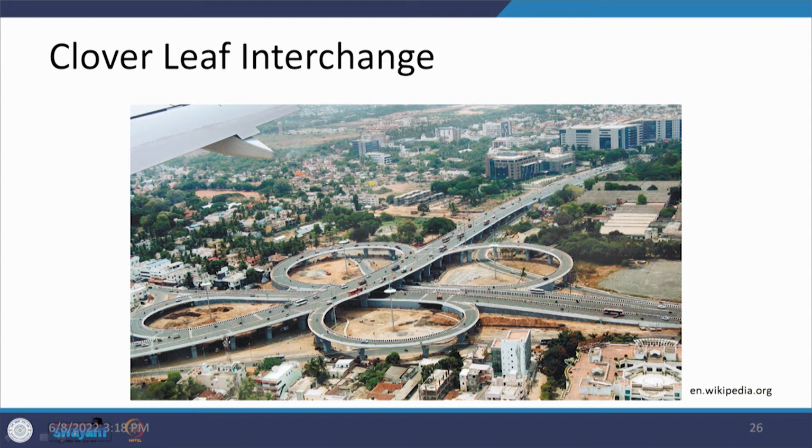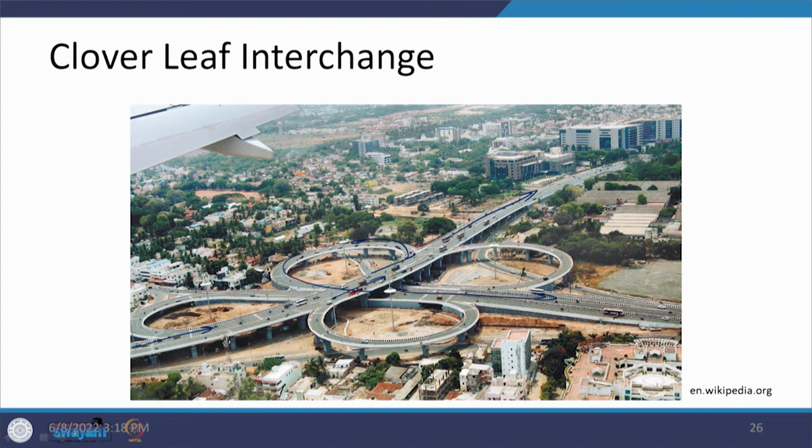So, what we can see here is this cloverleaf arrangement, and in this cloverleaf arrangement the traffic which is going in this direction, if it has to continuously go, then it will keep going in this way, or otherwise it can take a turn here and go below this particular highway, and it comes to this direction. So, it has taken 270 degrees and it has gone to the right direction.